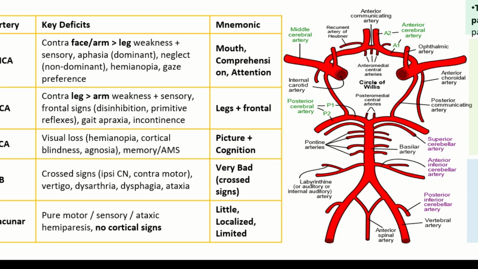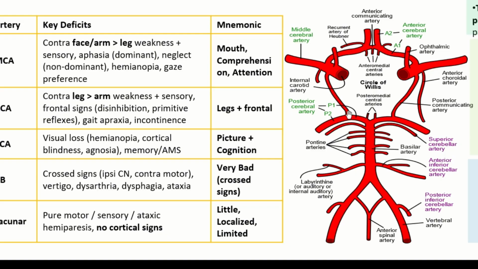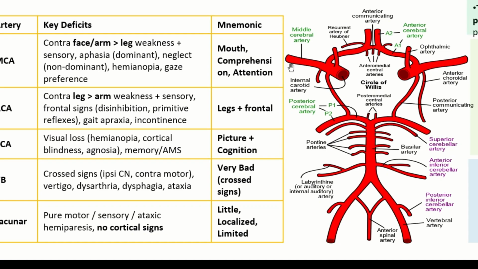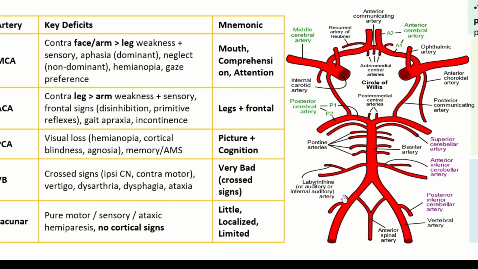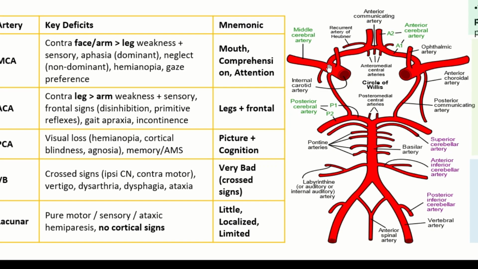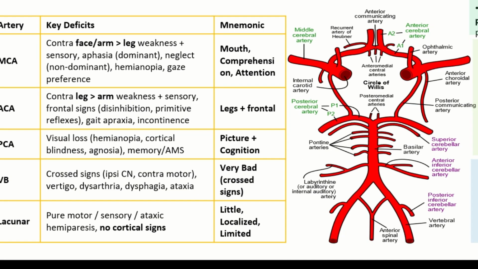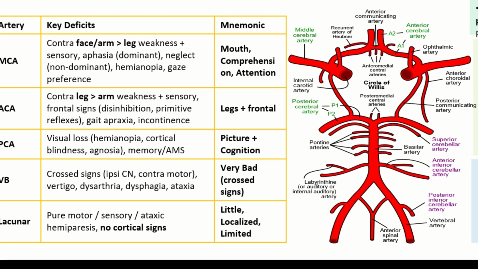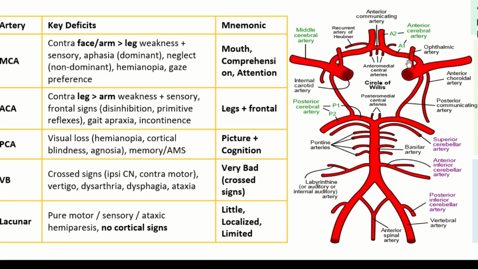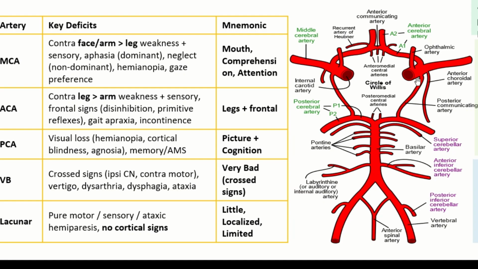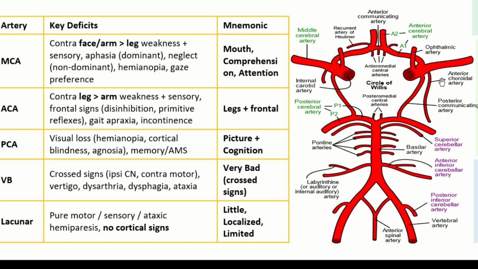So the arteries that supply the brain are going to come from the carotid arteries or the vertebrobasilar arteries. The common carotid gives us the internal carotid, which goes to the brain. When it reaches the brain, it gives off the ophthalmic artery, the anterior choroidal artery, the anterior cerebral artery, and the middle cerebral artery.